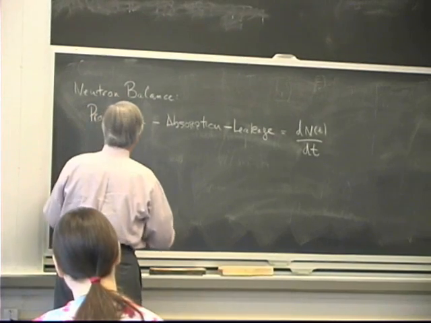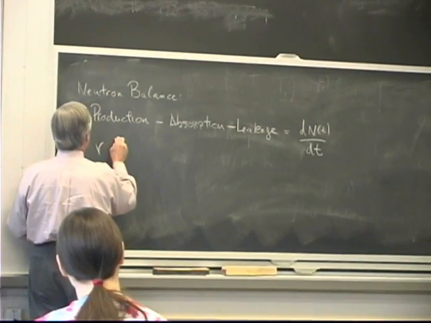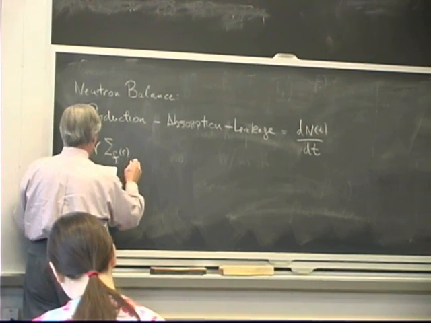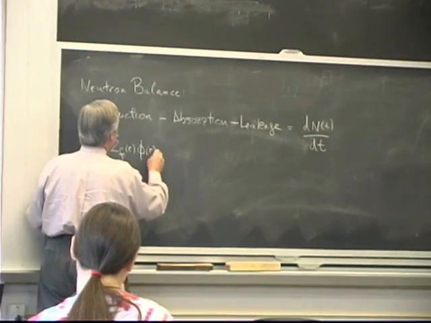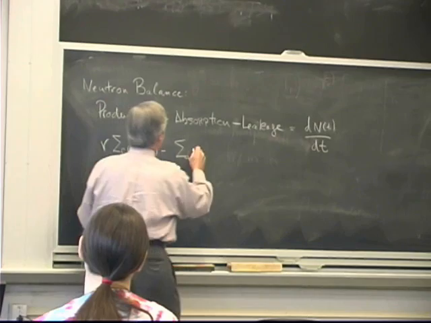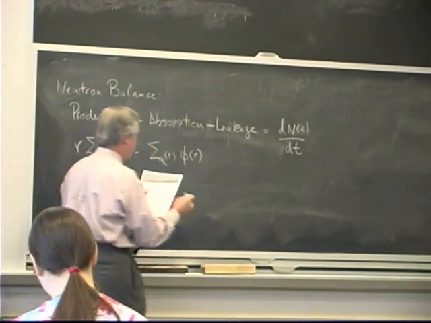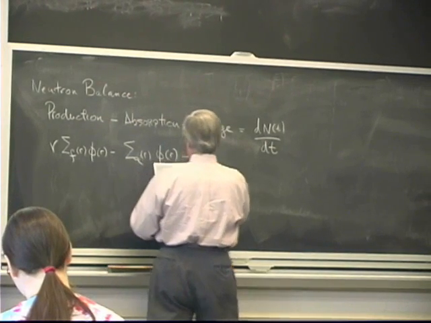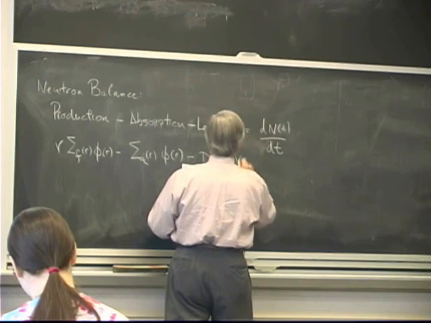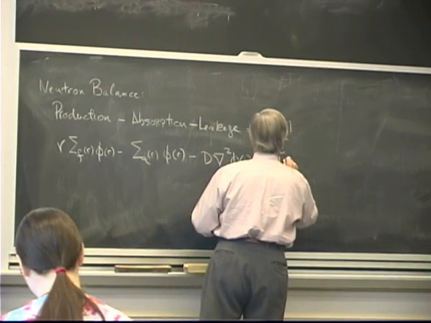So if we go back to our original diffusion equation, the production term was nu sigma f, a function of r, times the flux at r, minus the macroscopic absorption cross-section, again a function of r. This is the one-group, minus, and I'm going to simplify this, the leakage term.